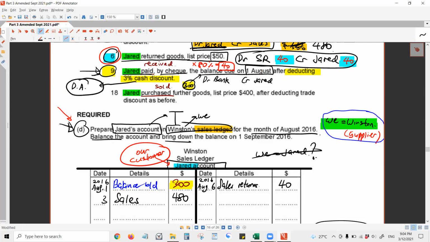So how much do we receive? We receive 300 times 97%. Shortcut, okay? I times 97% so that I get the 3% deducted. So this is the amount I receive. Take 300 times 97%, I receive 291.